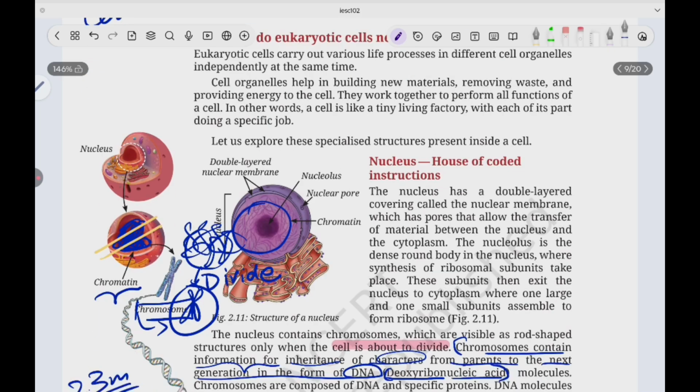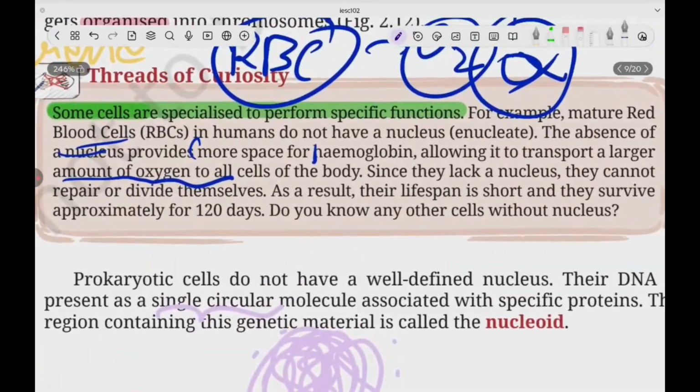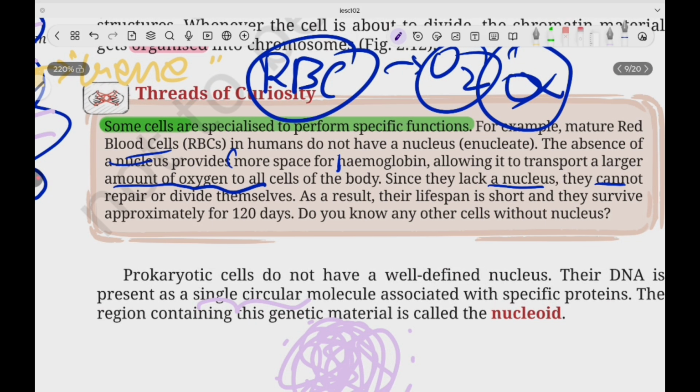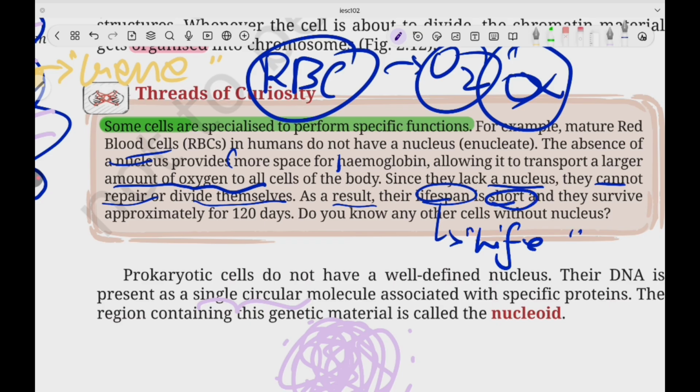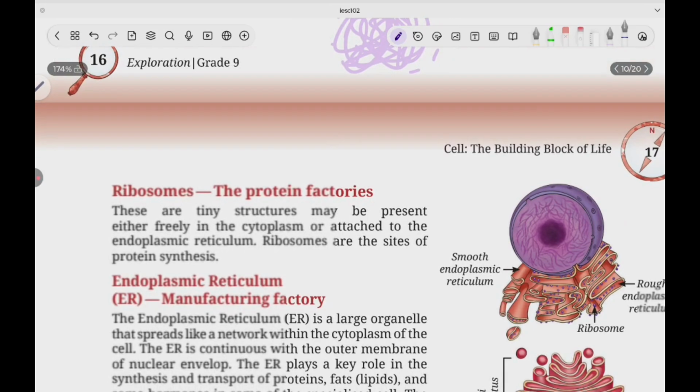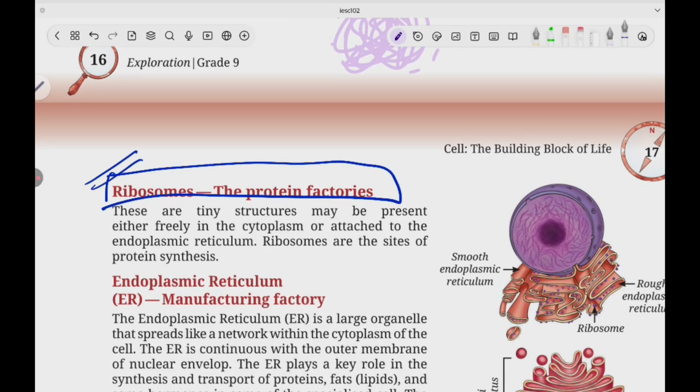As a result, their lifespan, the time they are expected to live, is short. They cannot repair, so they survive for very few days, approximately 120 days only. The next cell organelle is ribosomes.